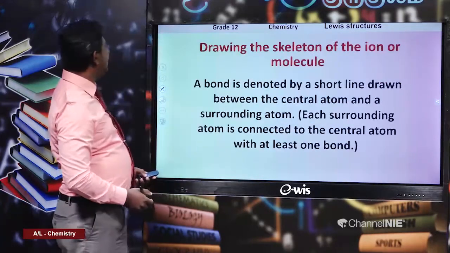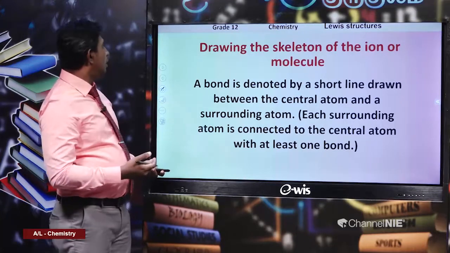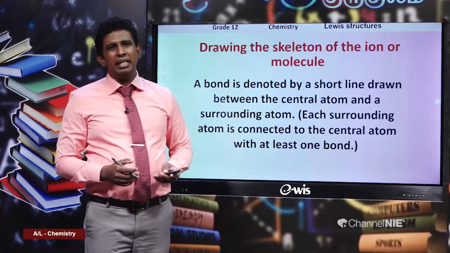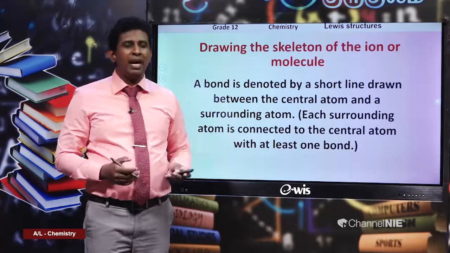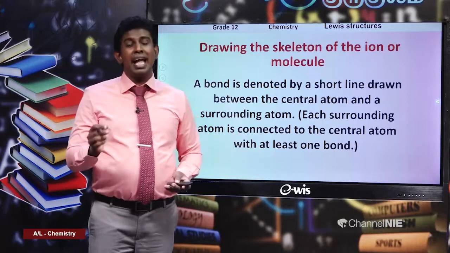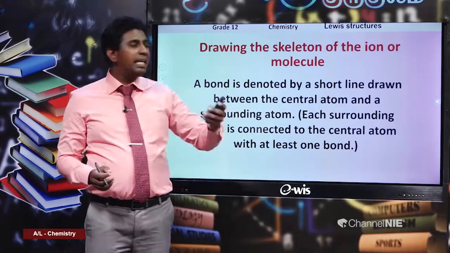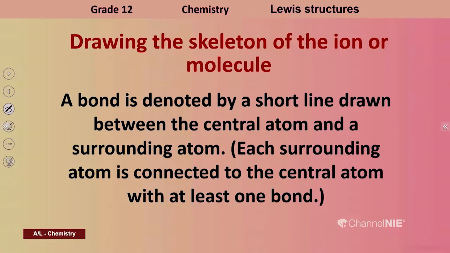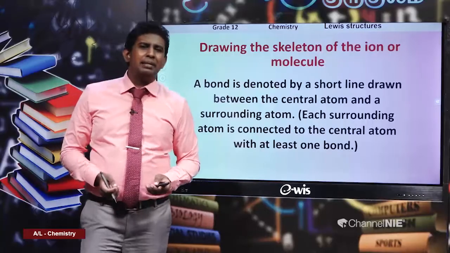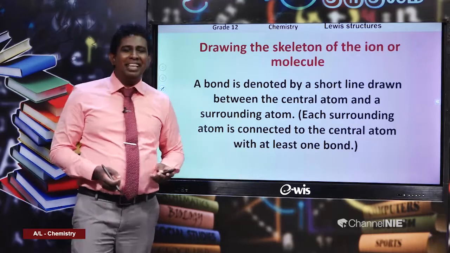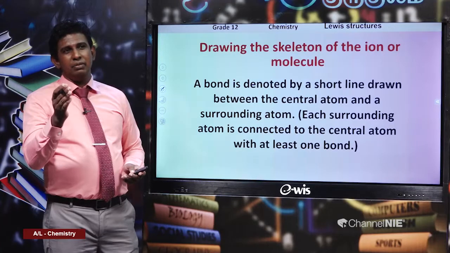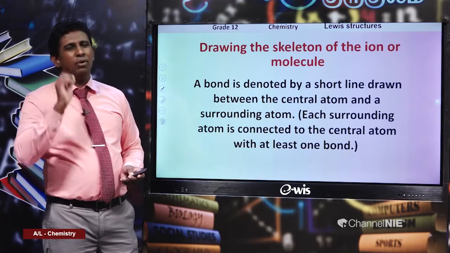Then students, when you check for the central atom, let's work out some examples, finding out the possible central atom for these molecules or ions. Regarding the other atoms, we call them terminal atoms or peripheral atoms. Between the central atom and each other atom you need to have at least one bond.